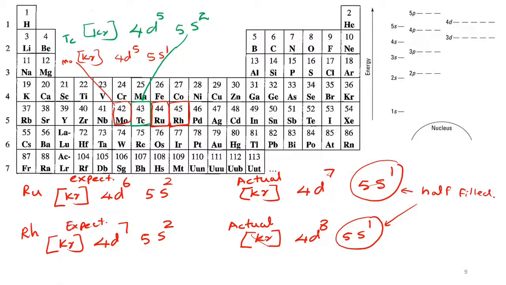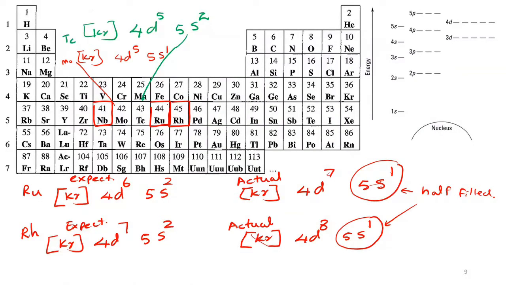Again, for a simple argument, you can consider this also as half-filled, but the actual explanation can be much deeper, and it goes into a deeper sense in the atomic structure that is not covered in the A-level syllabus. So even in the A-level syllabus, they are not pushing your understanding towards these three elements we just talked about: niobium, ruthenium and rhodium.